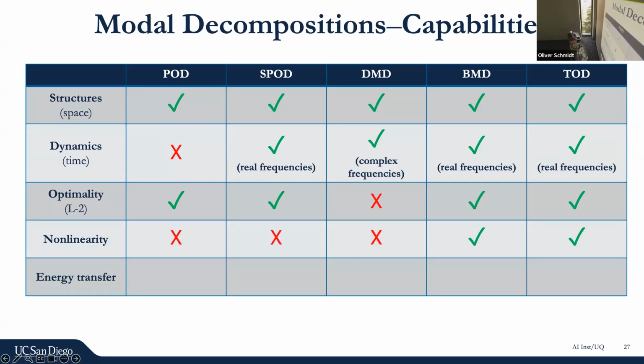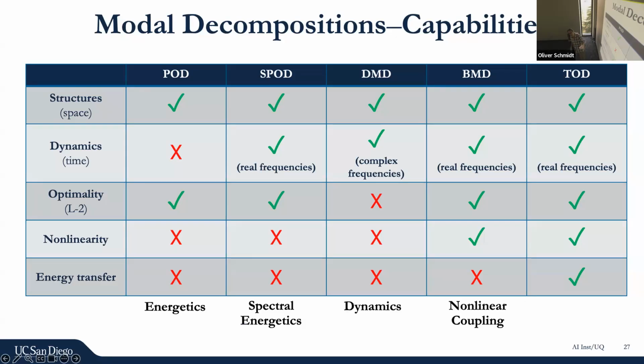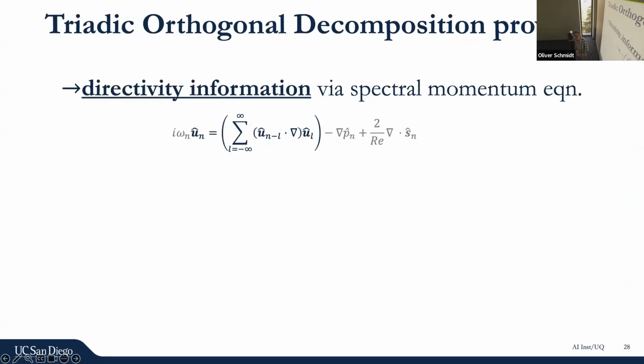Nonlinearity, only the last two, because they were designed for this purpose. And what TOD adds, the last capability, is that it tells us about the energy transfer between the structures. So that was the last missing piece. On POD, we get energetics, spectral energetics from SPOD, dynamics from DMD, hence the name, nonlinear coupling from the BMD, and nonlinear actual energetics from what I'm going to show you now.